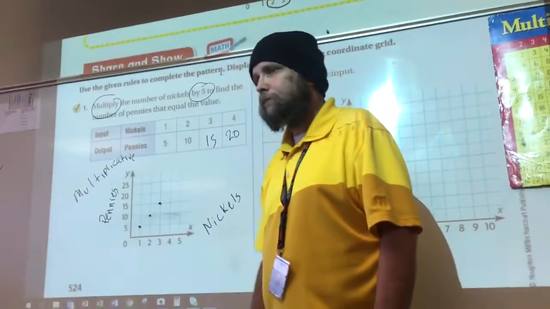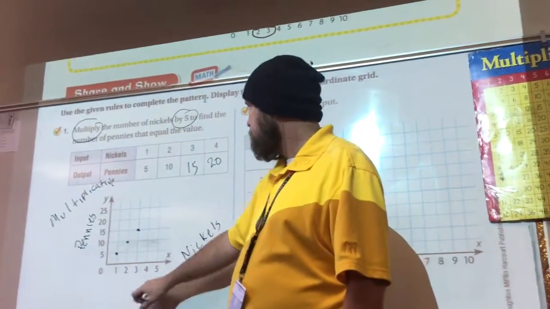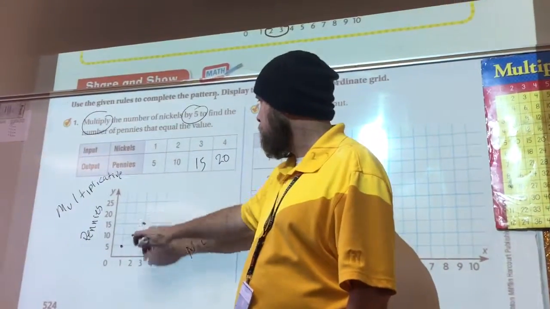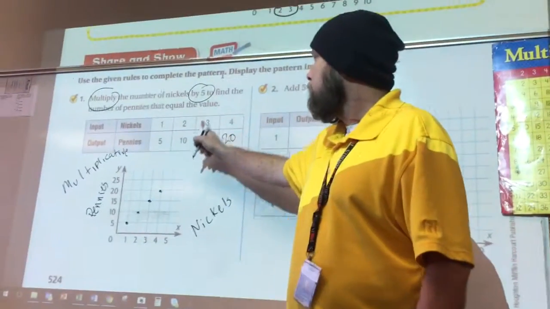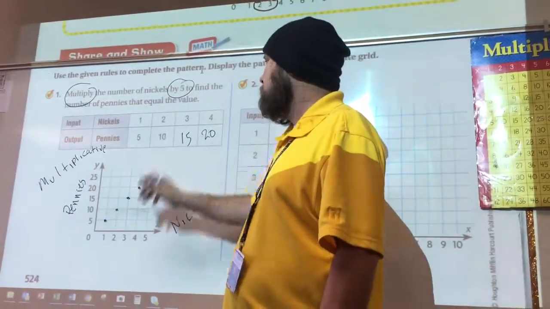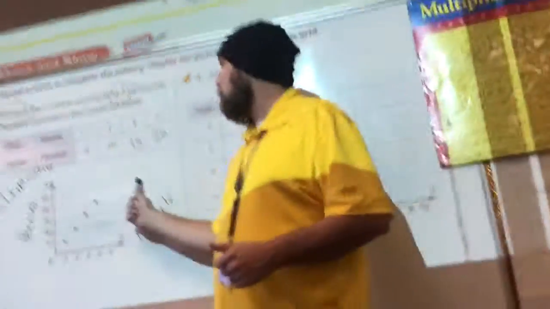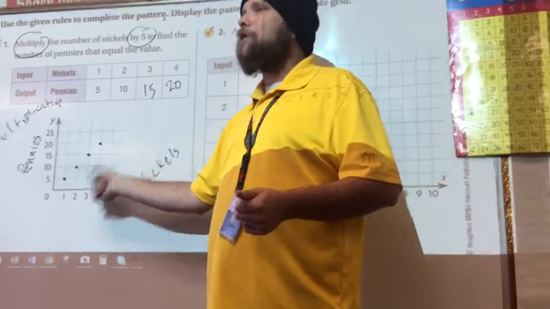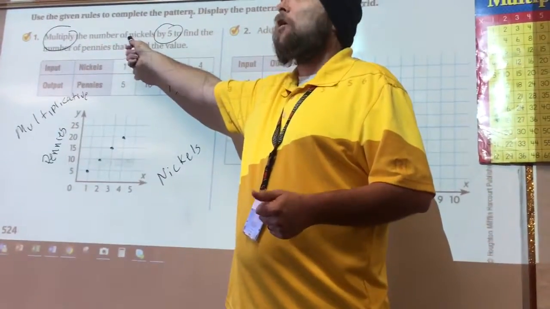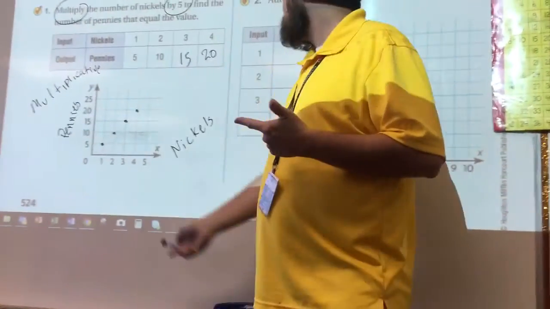Joseph. 4, 20. You have to say both of them. 4, 20. And again, we're following the same pattern for each input, so it's going to form a straight line. If you had a pattern that you had to follow, multiplicative or additive, it's going to follow a straight line.